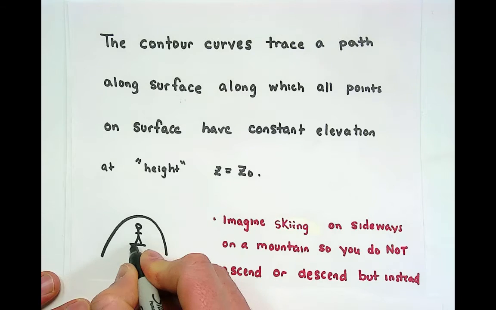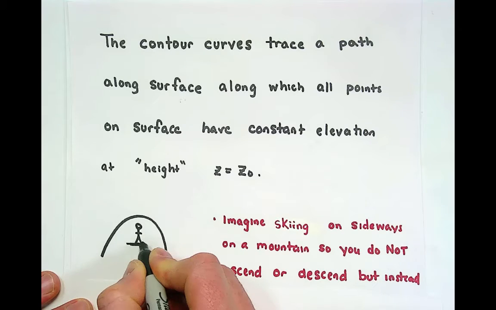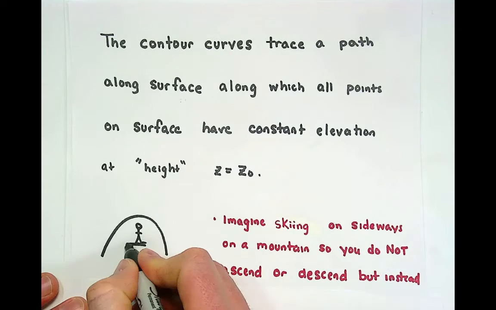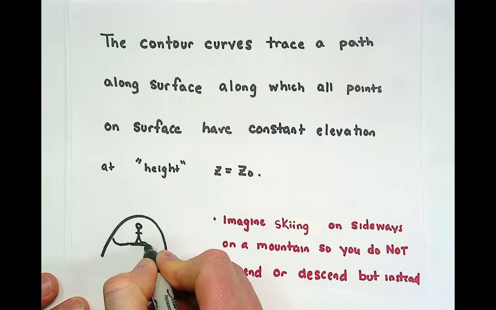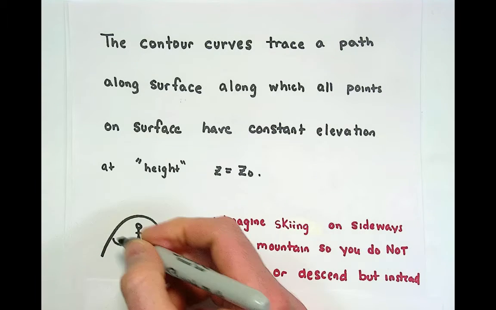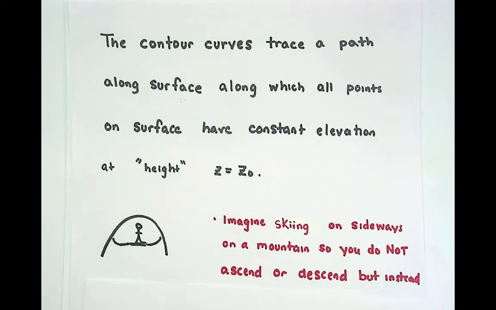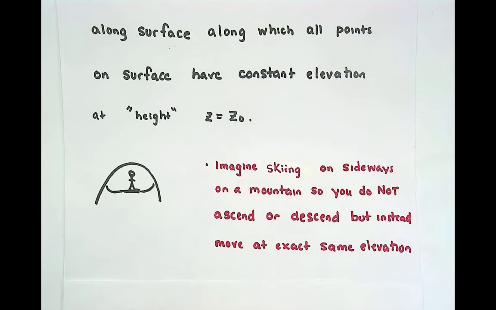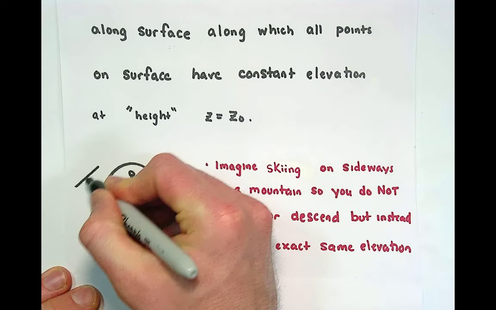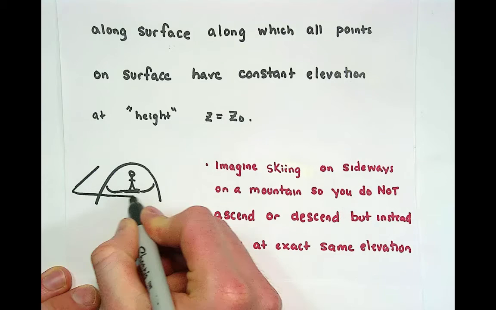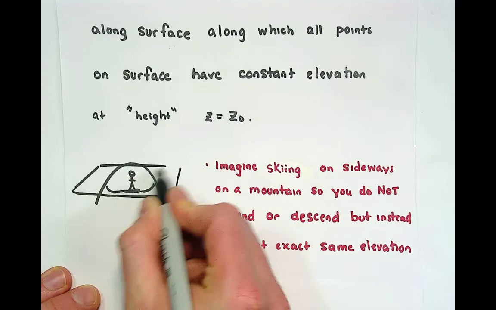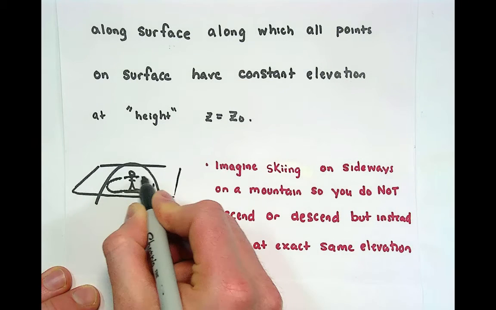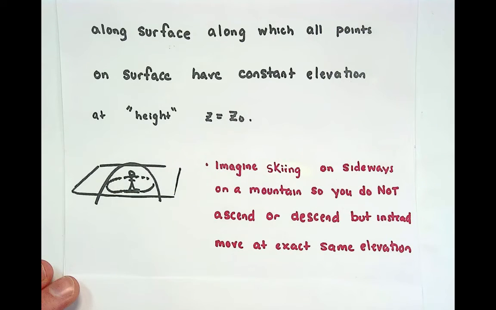And then it looks like currently you're on a snowboard, so let me give you another ski there. And then literally you would be going along a contour curve if you do not ascend or descend at all, but instead you stay at the same elevation or the same height, constant z naught. And you can see by that kind of silly diagram, which I really should be doing in Mathematica, this is the intersection of that mountain that you're skiing on with a plane.